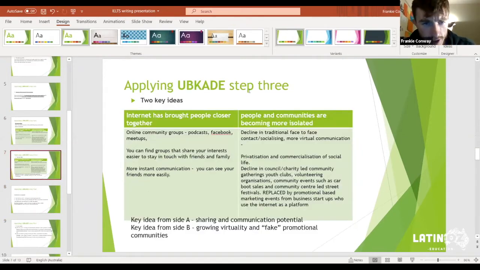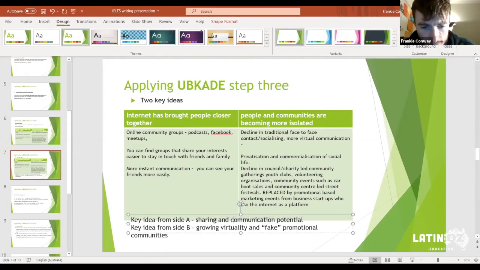Then stage 3, what I've done, people, is I've tried to formulate two key ideas. And you can see this, people, at the bottom of the page. So I've got my brainstorm at the top, and my key idea from A is sharing and communication potential.